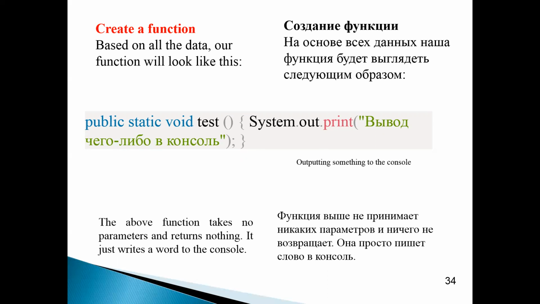Public static void test, round brackets, curly brackets or braces, system.out.print, and you can see information outputting something to the console. The above function takes no parameters and returns nothing. It just writes a word to the console.